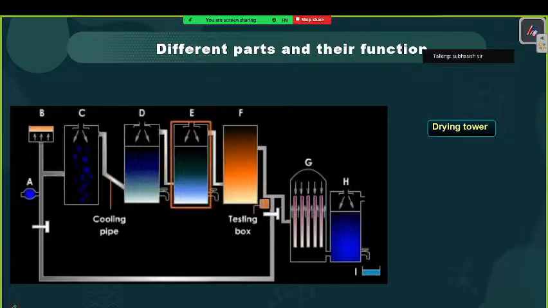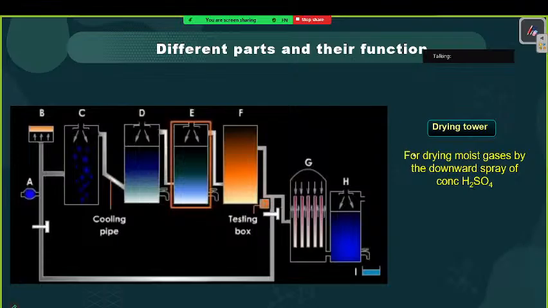The drying tower dries the wet gases that are formed during the passing of gas through the D tower, because in the D tower the downward spray of water mixes some moisture with the gases.